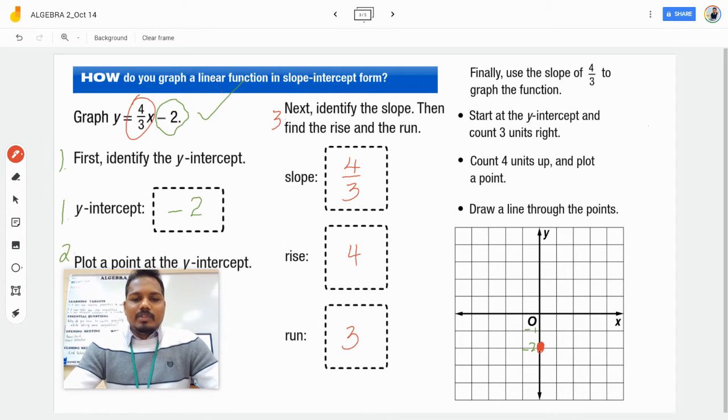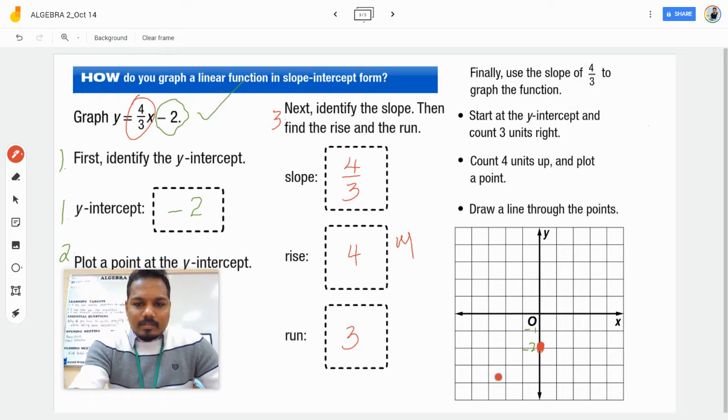Now to interpret rise and run, when rise is 4, the graph will travel 4 units up or down. It's either up or down. Up for positive rise and down for negative rise.